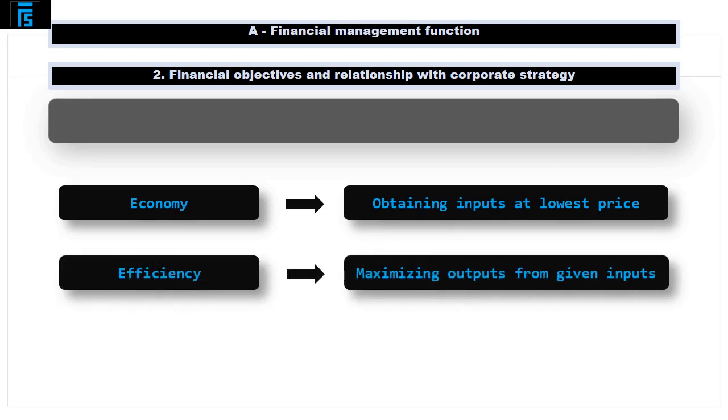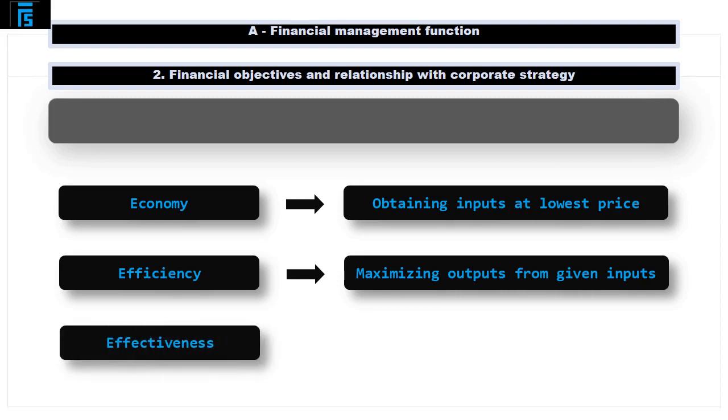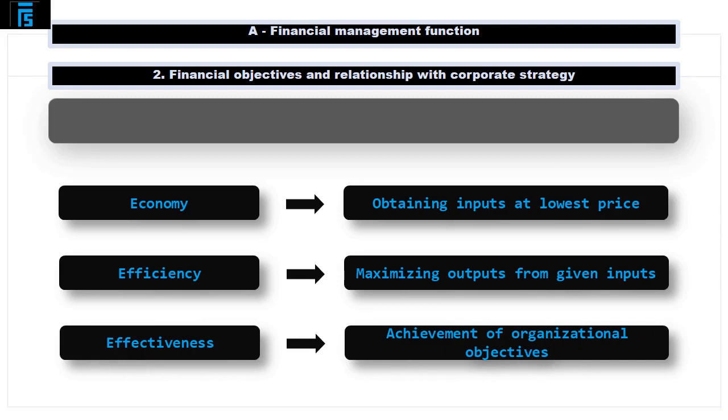Efficiency refers to maximizing the outputs from any given quantity of inputs, and effectiveness refers to the achievement of organizational objectives. As with the 3 decisions outlined above, financing, investment and dividends, again it is the interaction of the 3 E's that is important, and in particular achieving an appropriate balance between them.